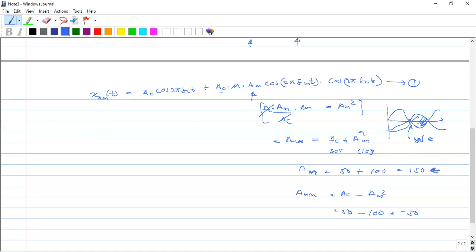I forgot to mention this in the analysis part. If mu is equal to 1, it is 100% modulation. If mu is greater than 1, it is more than 100% modulation, so we call it over modulation. This is the over modulation scenario.